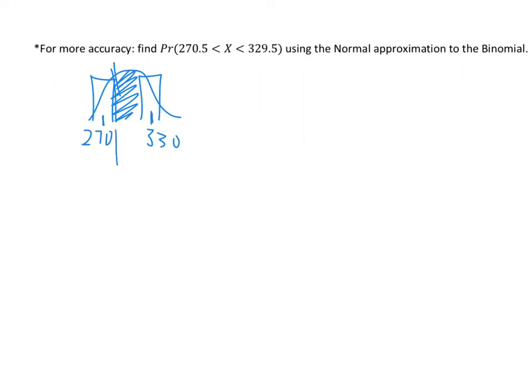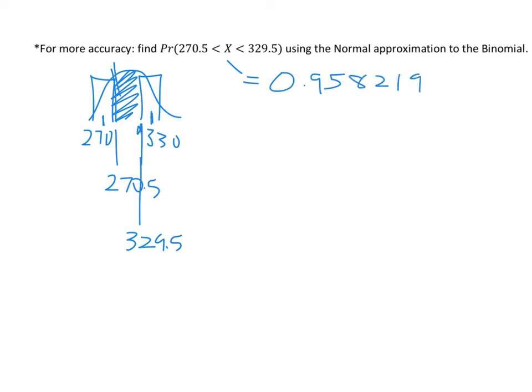So that line there is actually 270.5, and this line here is actually 329.5. So if we find that probability, that will equal 0.958219.